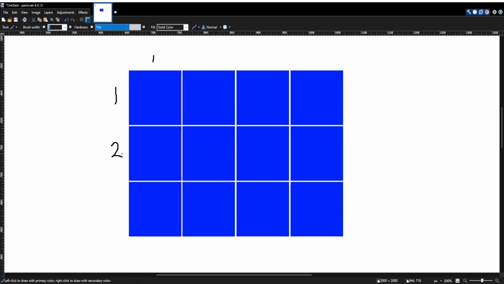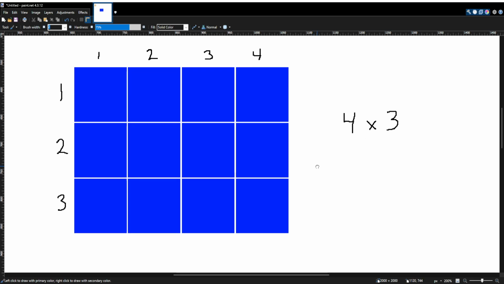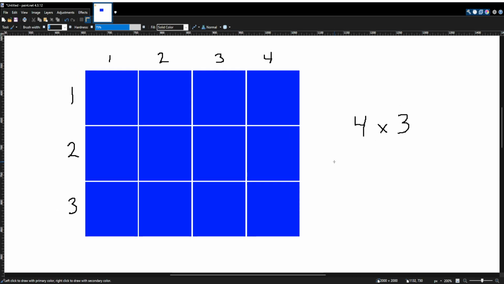Well, if I've got 1, 2, 3, and 1, 2, 3, 4, then I am performing a multiplication operation of 4 times 3.